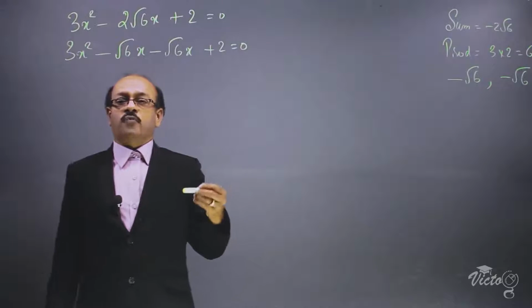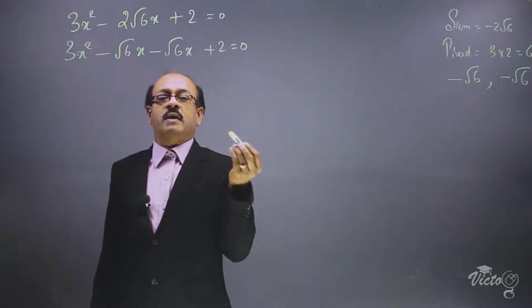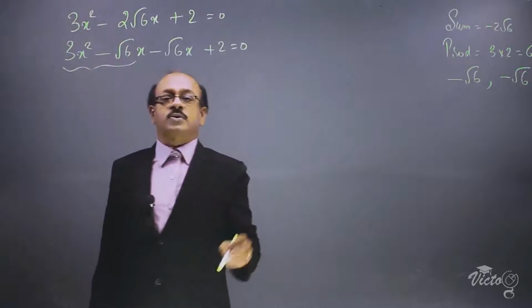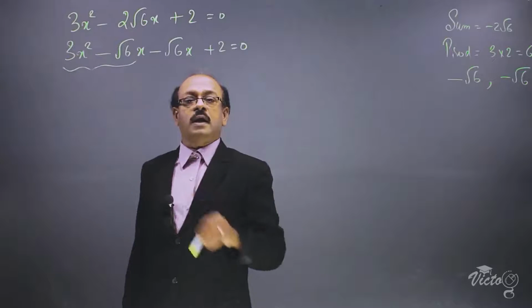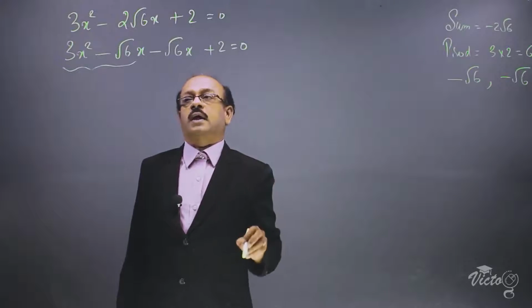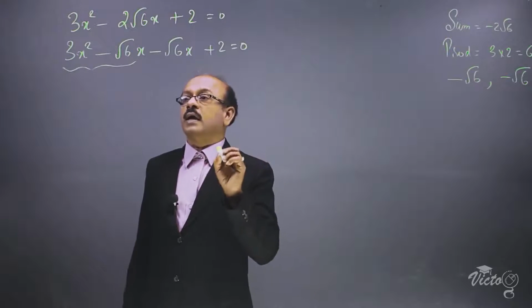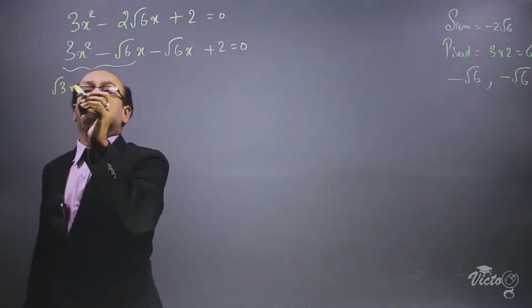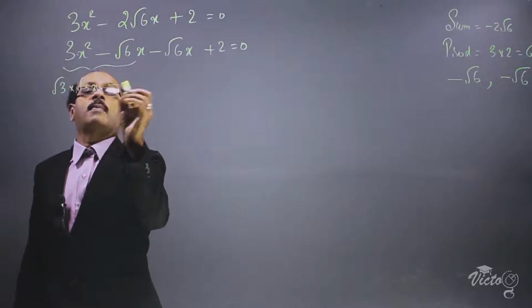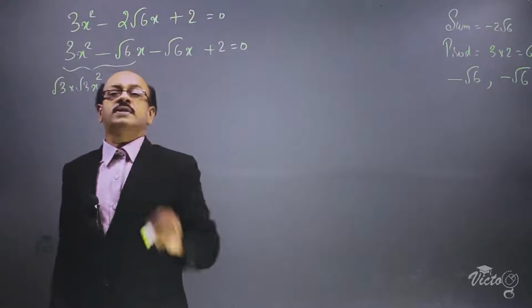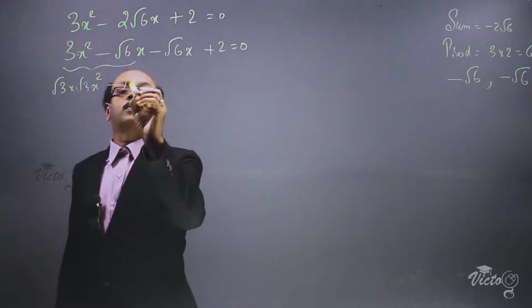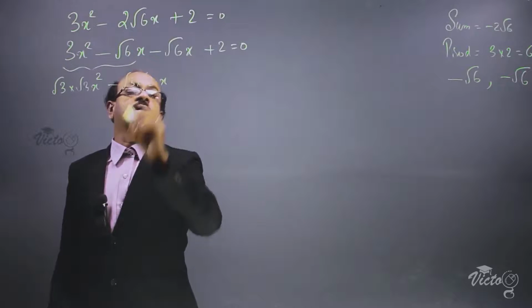For taking a common factor, we can't find any common factor from the first two terms, so we split 3 as √3 into √3. So 3x² becomes √3 into √3 x², minus this √6, which can be written as √3 into √2, x.